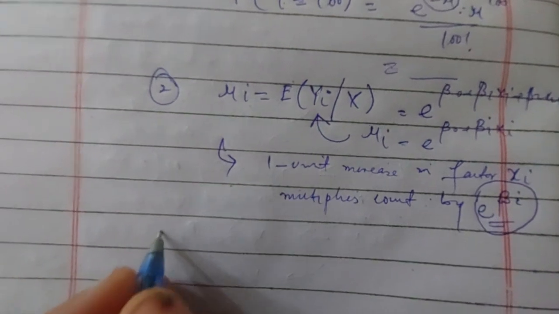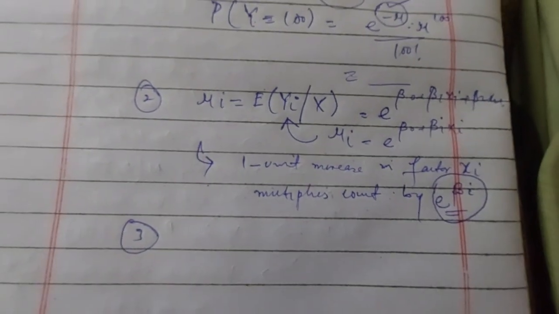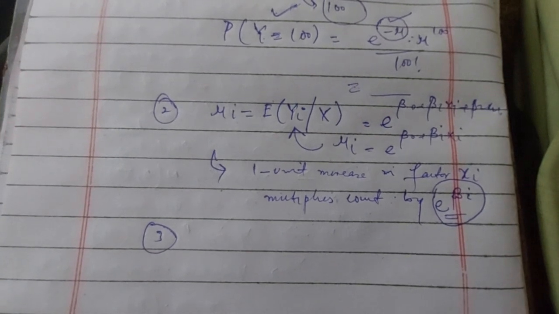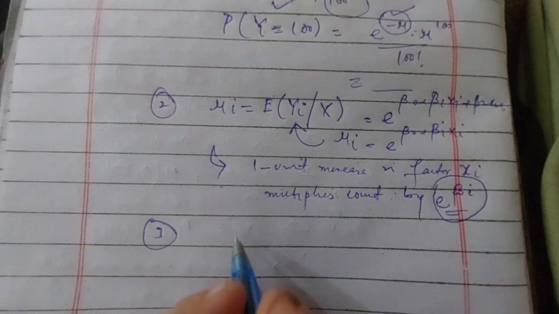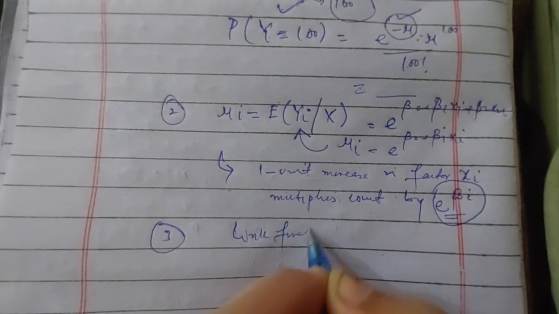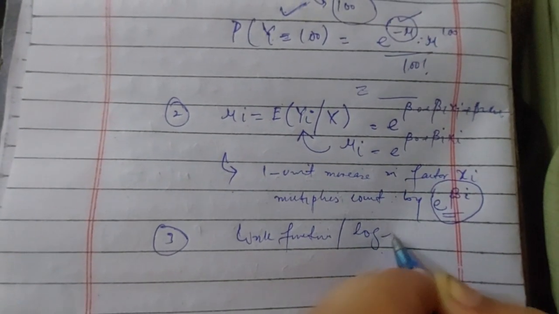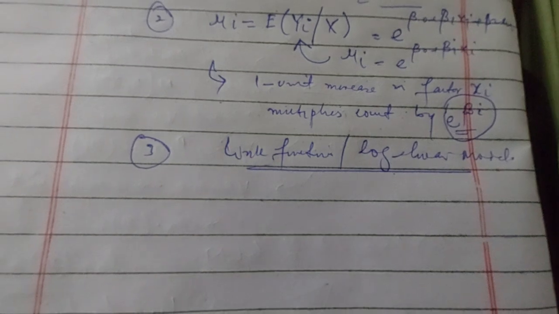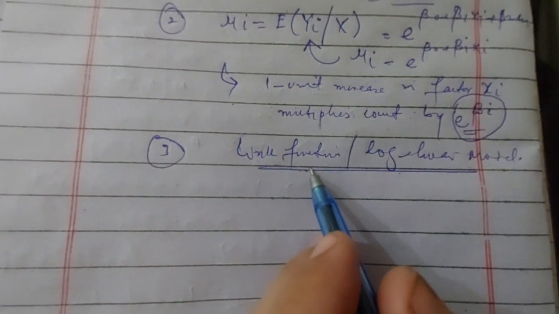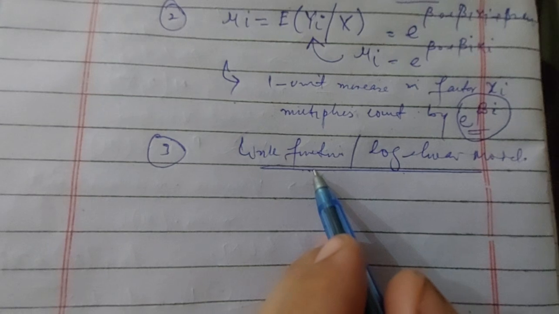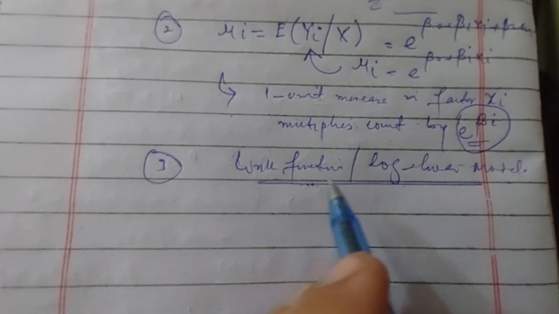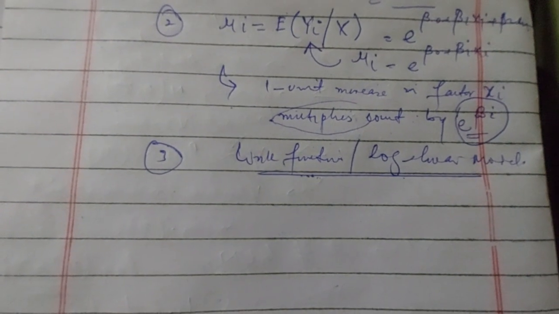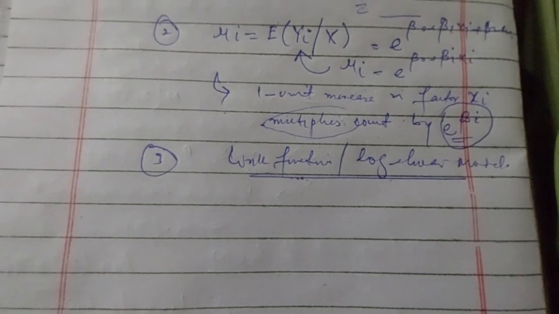Now the third equation is the link function, or the log linear model. What does this link function actually do? It converts these multiplications into additions.